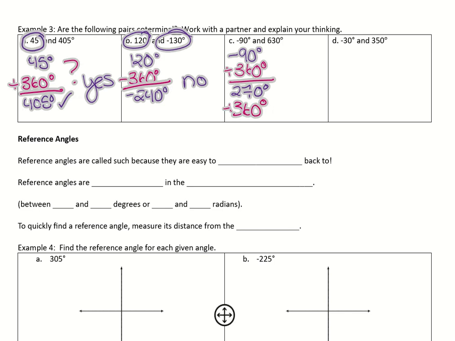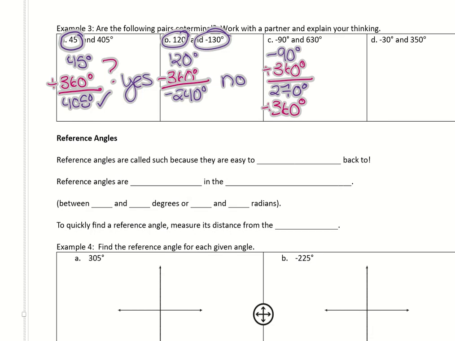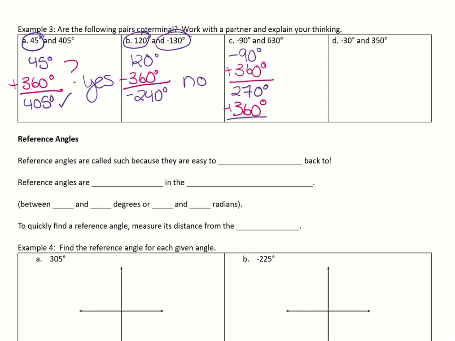Let's try that. Oops. And that equals 630 degrees. Yes. And then this last one, negative 30 degrees. Let's see if we add a circle to that. Will that get us where we want to go? That's 330 degrees. So that is a no because we wanted 350. We're not going to land on it.